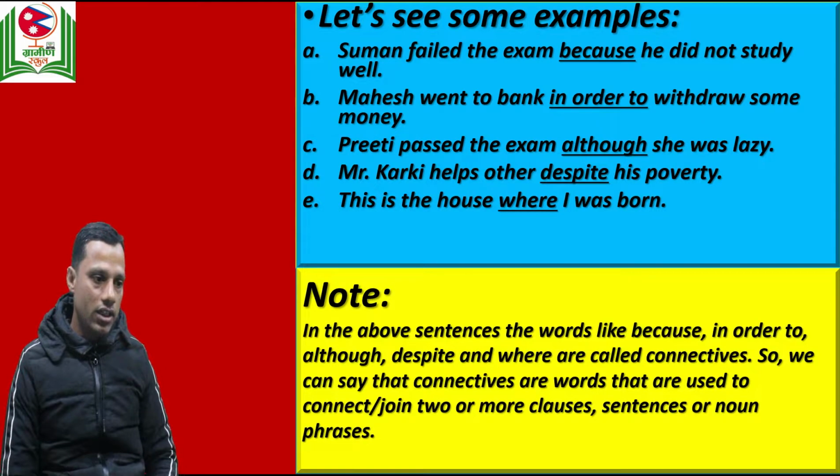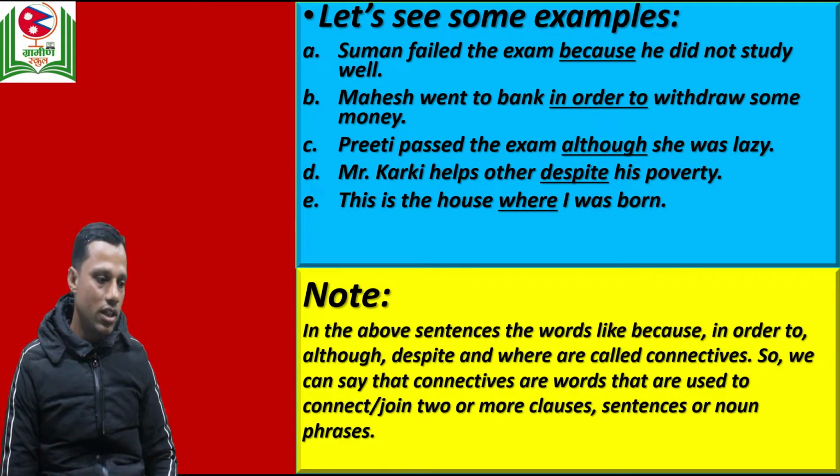So in these examples, the words that have been underlined are known as connectives. Why? Because these words join 2 or more clauses or sentences, and in some cases these words also join some phrases as well, right? So these words are the connectives.